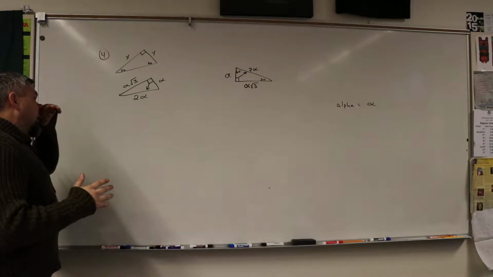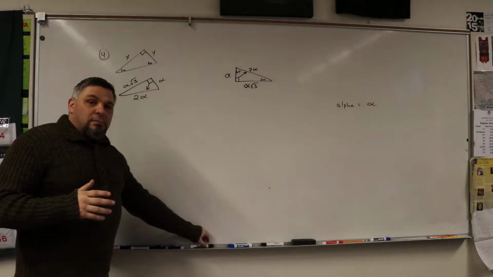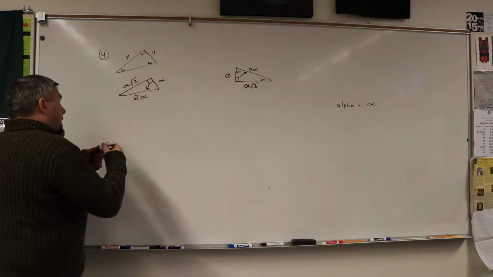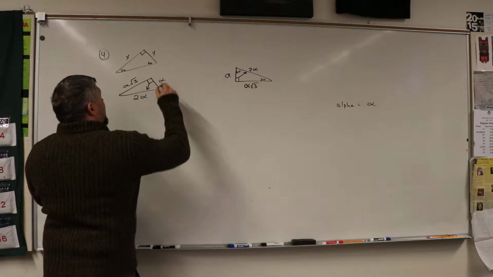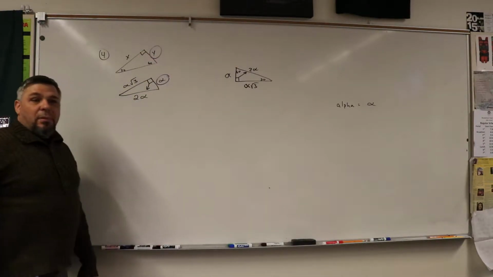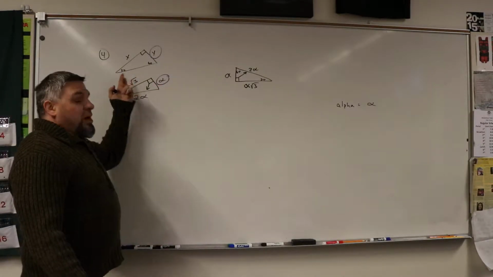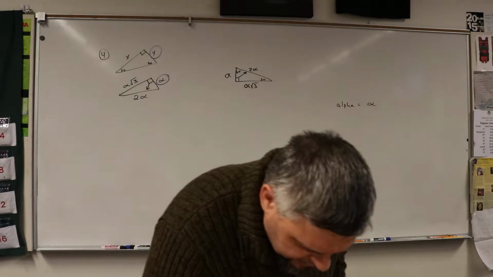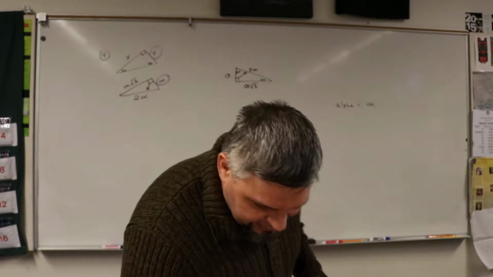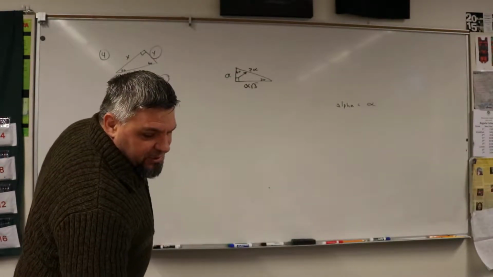Alright, so here we go. What can we say? I know that these two are equal, but I don't know what this is yet. Do I have anything? 4 square root 2.